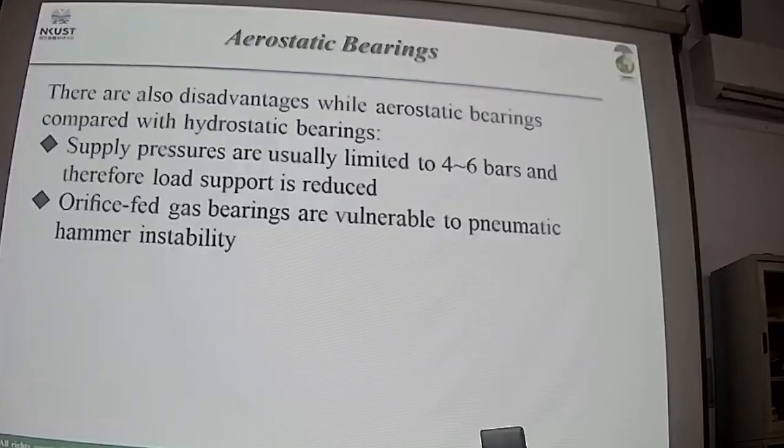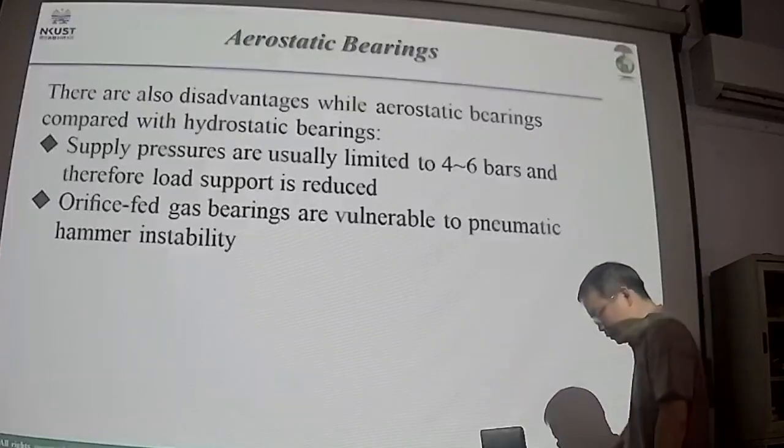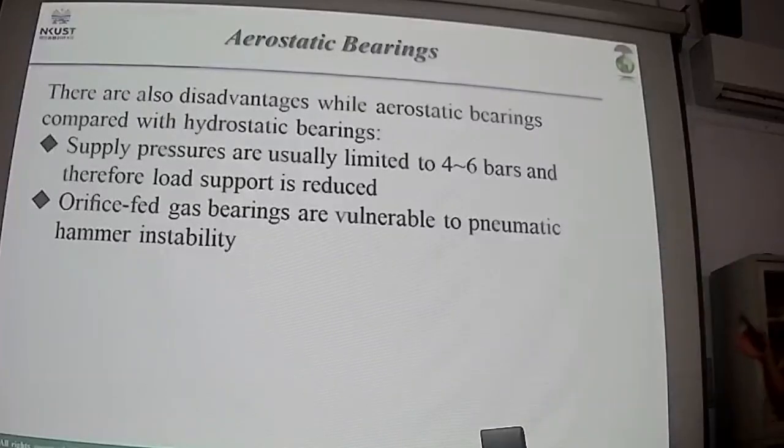This is a major problem. So that's why when you need a higher load capacity for your air bearing, people will switch to the porous air bearing instead of the traditional air bearing.